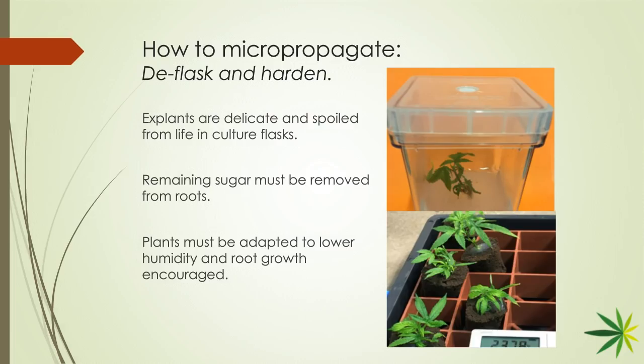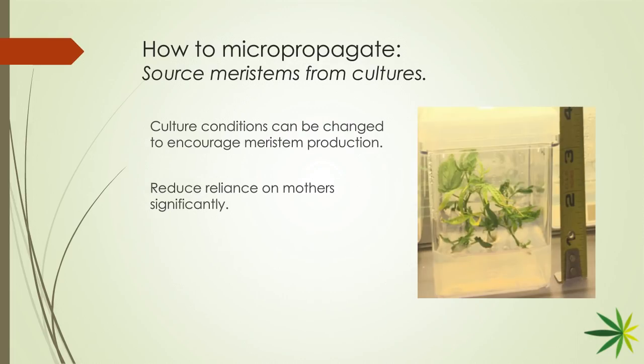Okay. Source meristems from cultures. Explain this more to me and what this means. I personally want to just understand a little more in detail. Sure, absolutely. Well, we've spent a lot of time talking bad about mother plants, and that's because they're expensive. I mean, we all treat our mothers well, but that costs money. And ultimately, if you want to do this process on a continuous basis, you can start sourcing your meristems from within those culture containers.